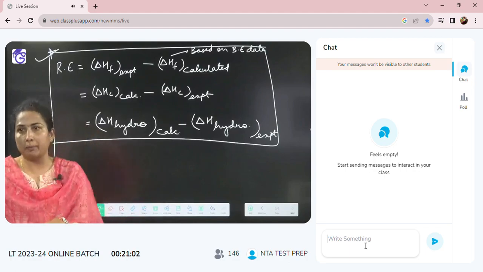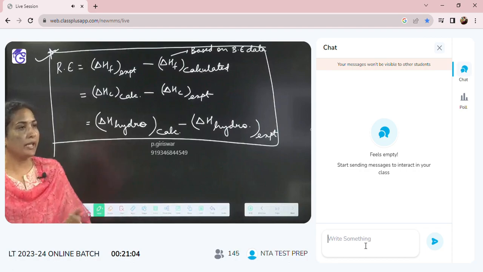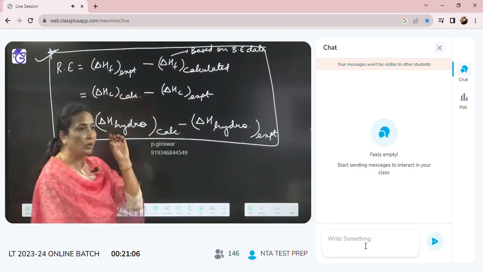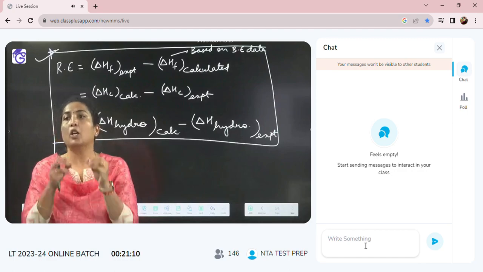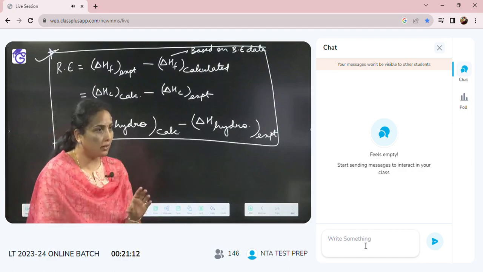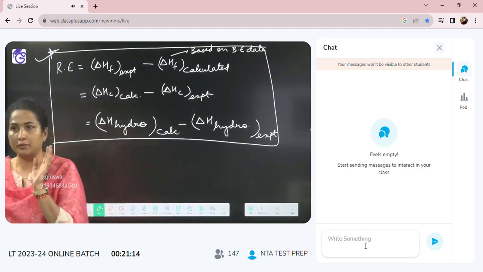because the examiner never wants you to do the experiment and get the value when you are calculating. And when I say calculated value, it means theoretically you have to calculate on paper using some supporting data which will be given by the examiner, right?